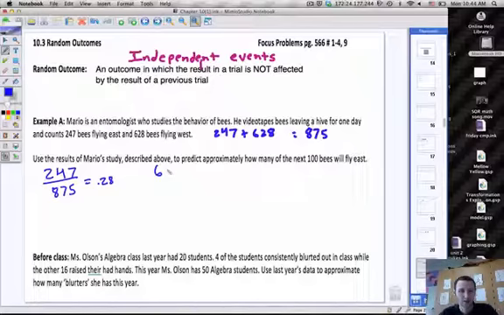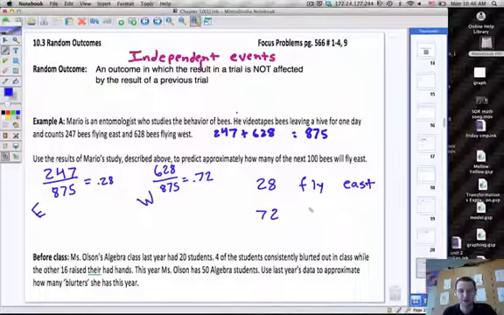If we're looking for 628 out of the 875, we'll just round. We know that this has to add up to 100%, so we can just say that that's about 0.72. So about 28% of the bees chose to fly east, and about 72% chose to fly west. 28 out of the 100 will fly east, and that means that 72 of the 100 will fly west.